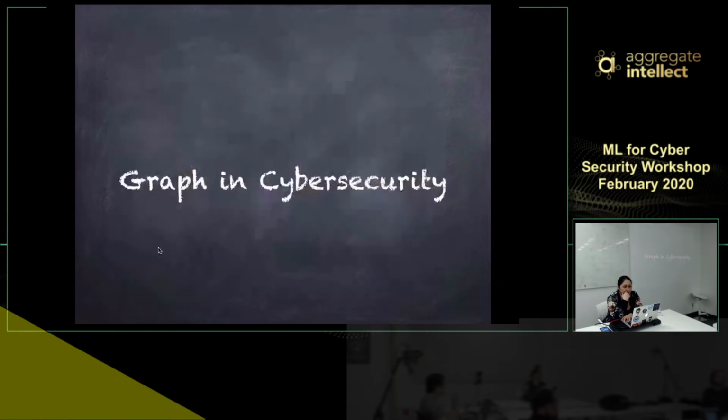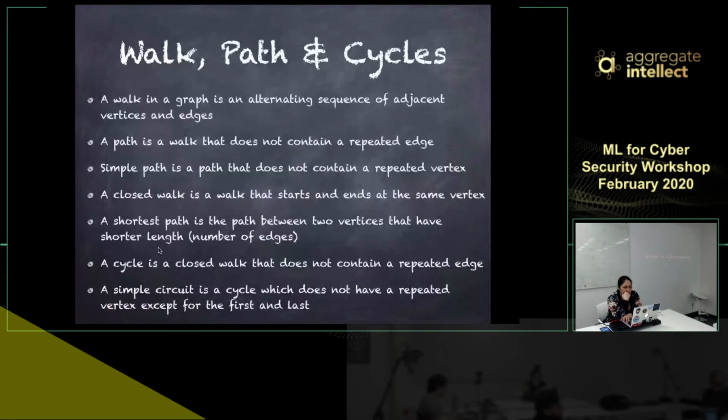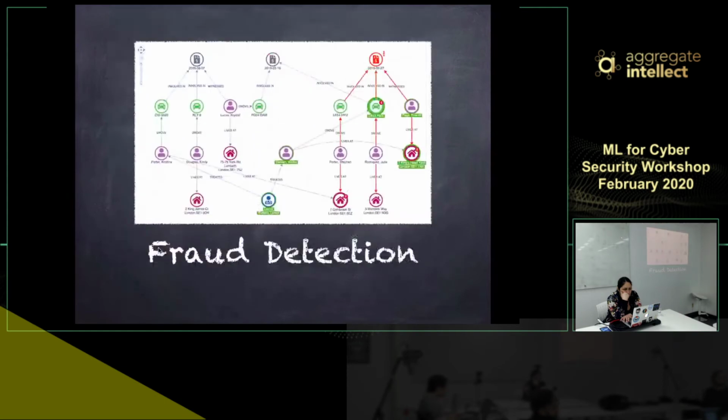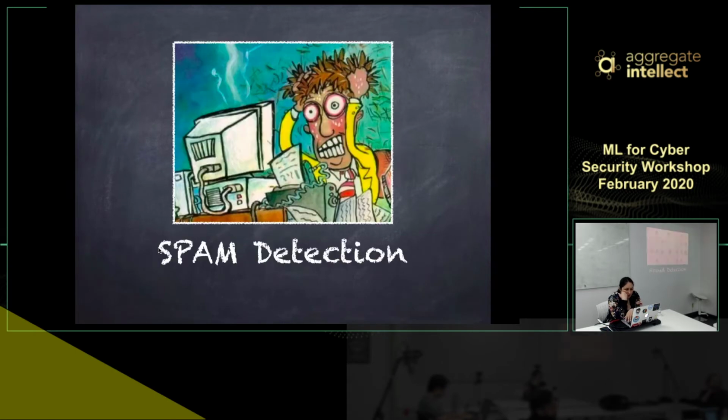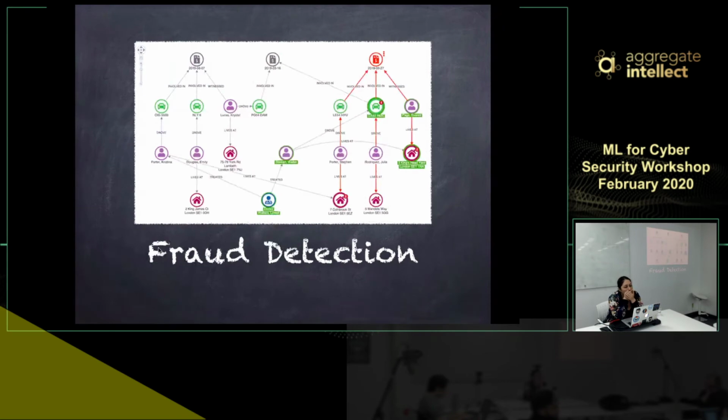But the idea is we know the action is sending money, or following somebody on Twitter, or following you back. But in so many problems, things are more complicated, and even the action is not known. There may be so many different actions. In fraud, for example, maybe the action is that this person didn't pay money for that, but the connection is a bit harder to figure out, right?